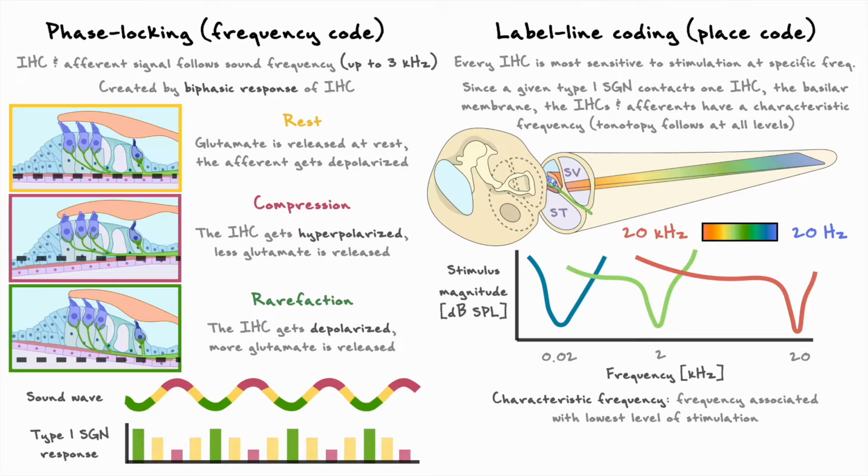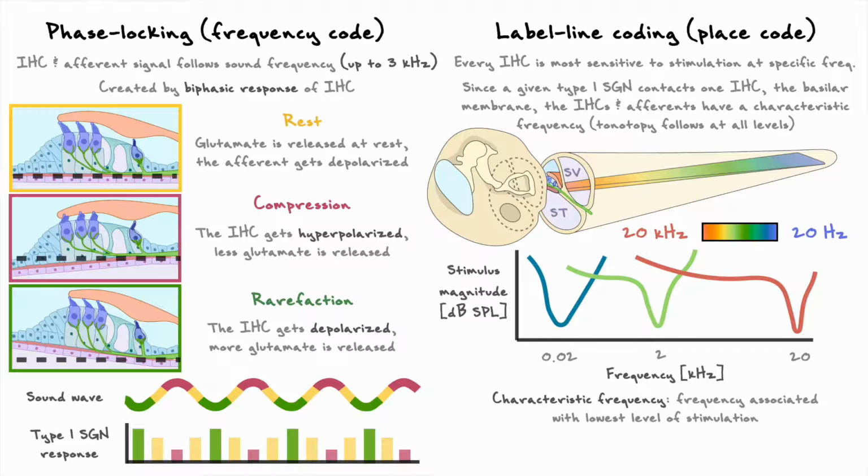For example, if we look at the green curve, we see that for this given type 1 SGN, you can play a very faint 2 kHz sound and it will display the same level of activity as if you played a very loud 5 kHz sound. Thus, this afferent has a characteristic frequency of 2 kHz. The same logic goes for the other curves that we see on the graph.